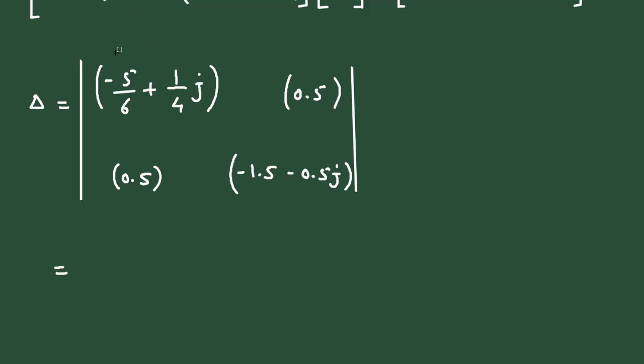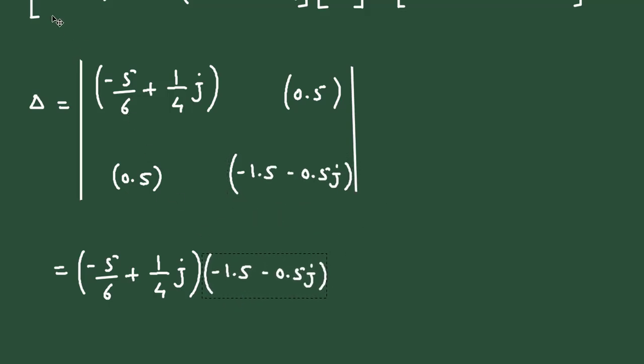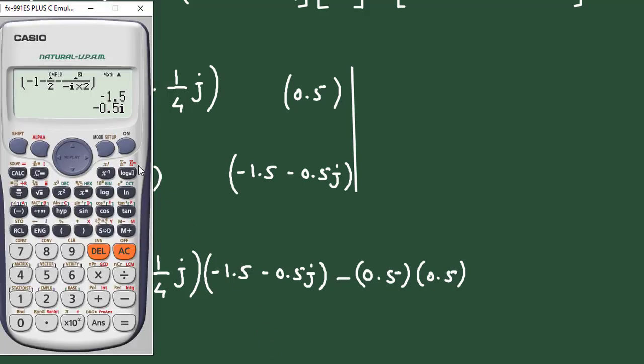It is equal to this term multiplied with this term. Then minus 0.5 into 0.5. It is equal to the value of delta.